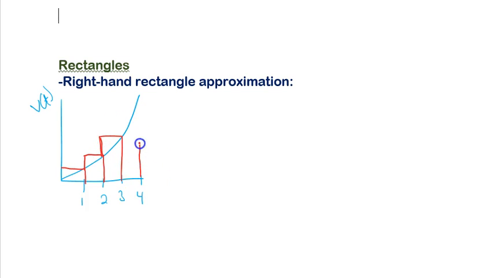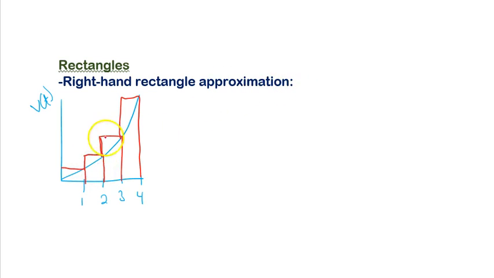And then from 3 to 4, I'm going to do one that touches on the side where the 4 is. Now, obviously, these are not a great approximation of the area. We have more area under all of the rectangles if we added them together than we have under the graph of t squared. But the key word there is approximation.